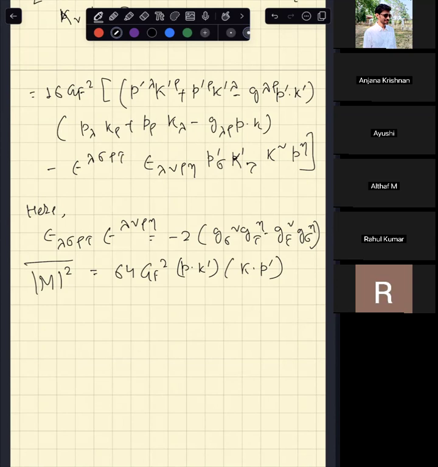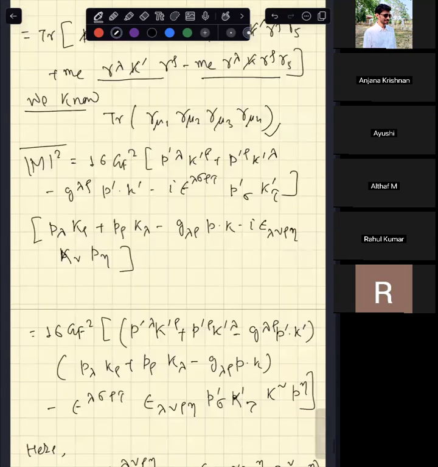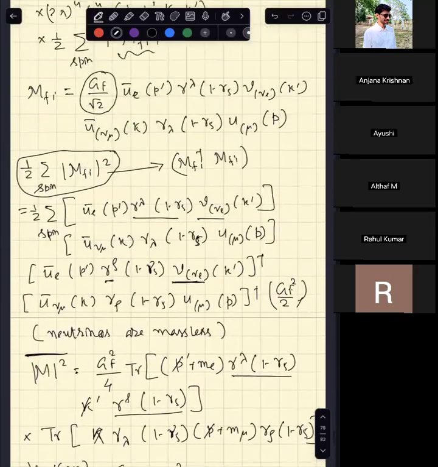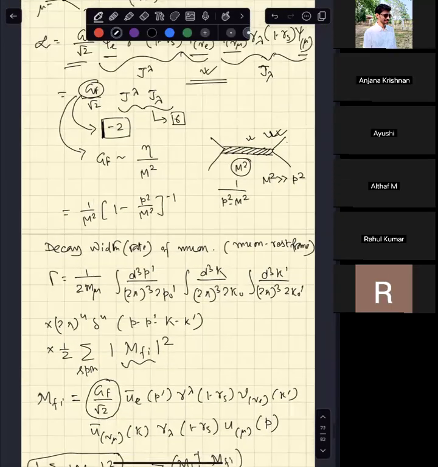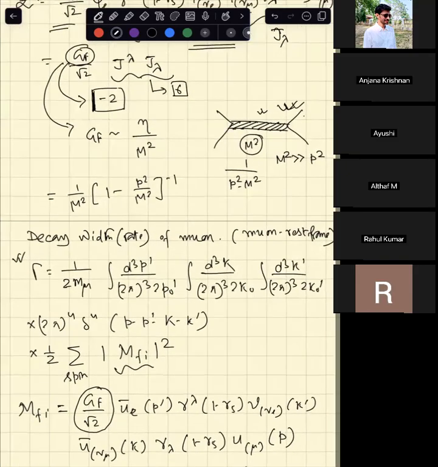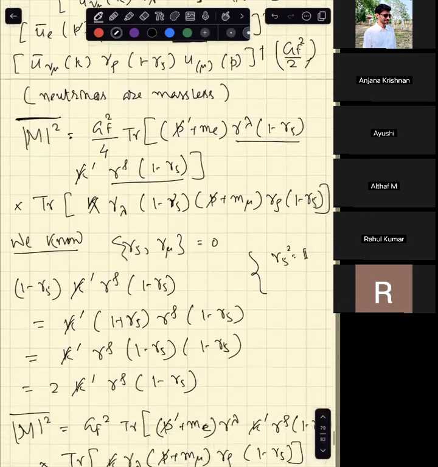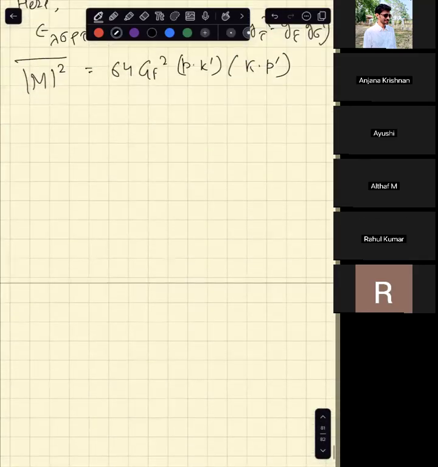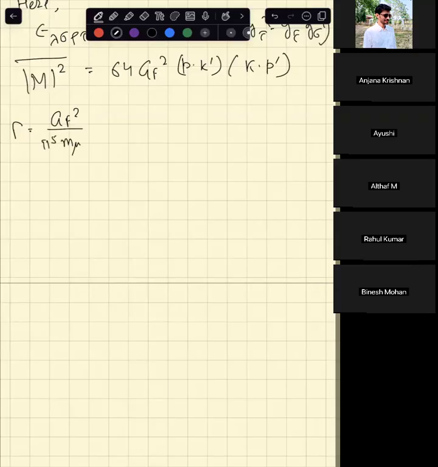So now we'll go back to the relation that we started with, and that is basically your definition of the gamma. So this last part we have computed, and then we put it back in that formula and see what further we can do. So then we can write down our form of gamma as gf square by pi to the power 5 mu, and then you have phase space integrals.